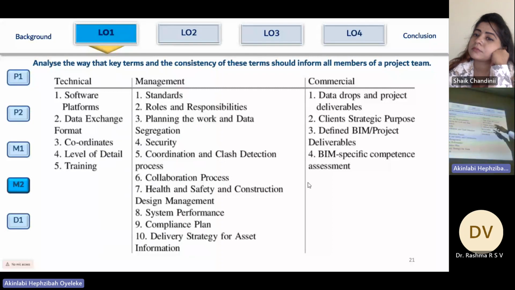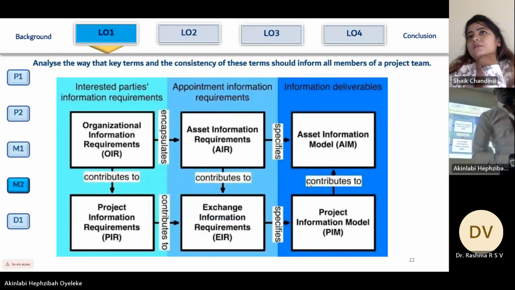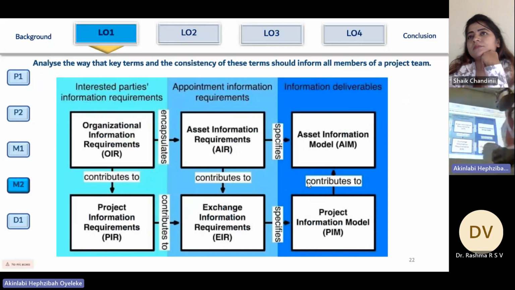And what are the deliverables, sub-deliverables that will make this holistic purpose be achieved? Then what are the specific competencies that BIM is going to offer? Some of these I've mentioned or I'll mention again in the future.